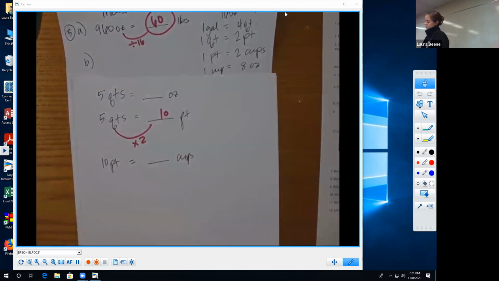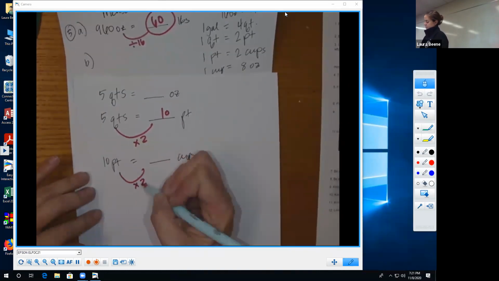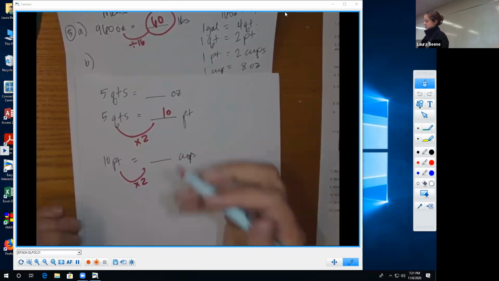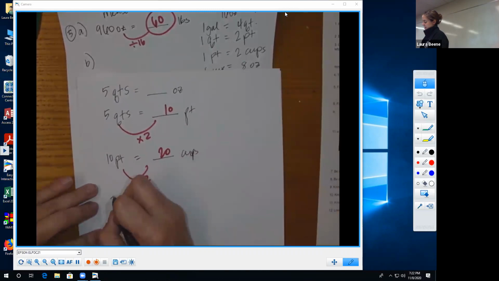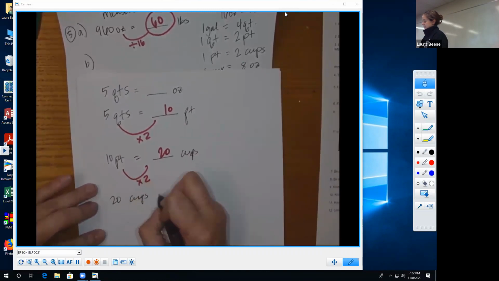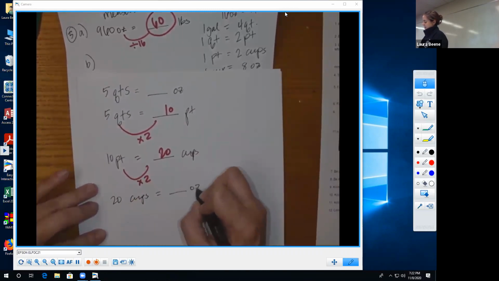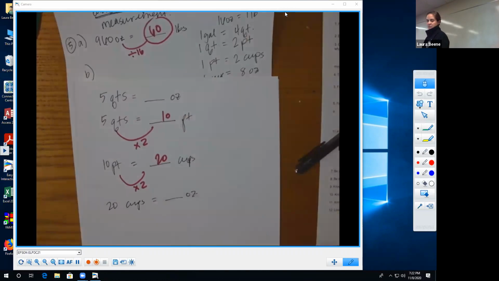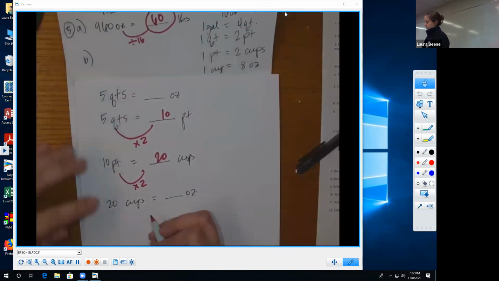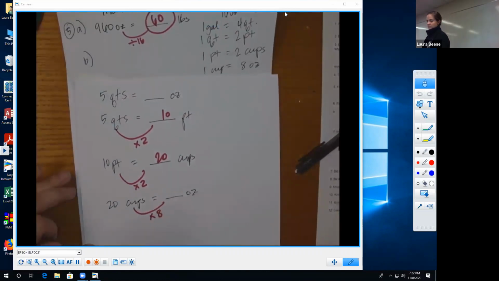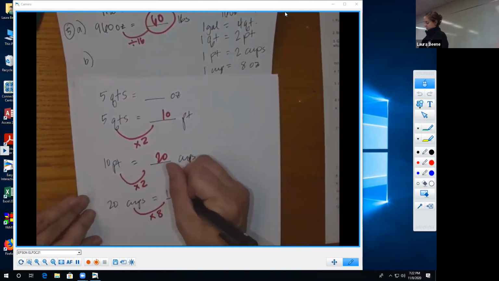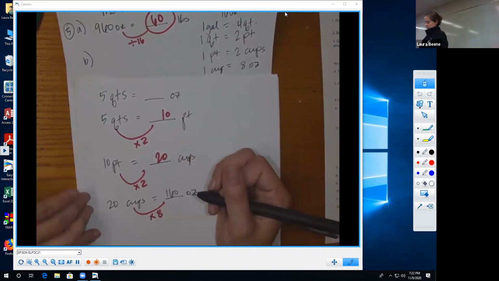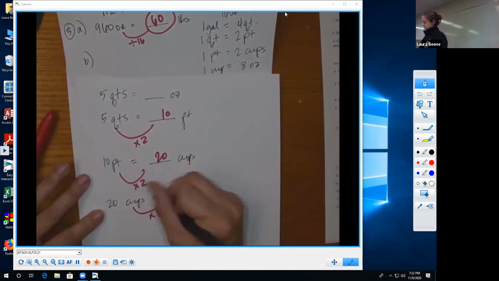Again, you need to multiply by 2. So 10 times 2 is 20 cups. And then from cups to ounces, there are 8 ounces in 1 cup, so I need to multiply by 8. That's 160. So 160 ounces.